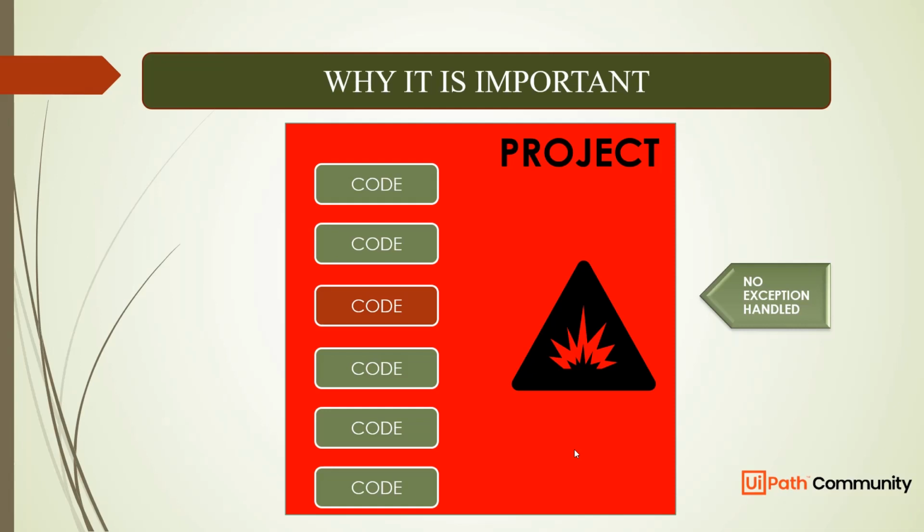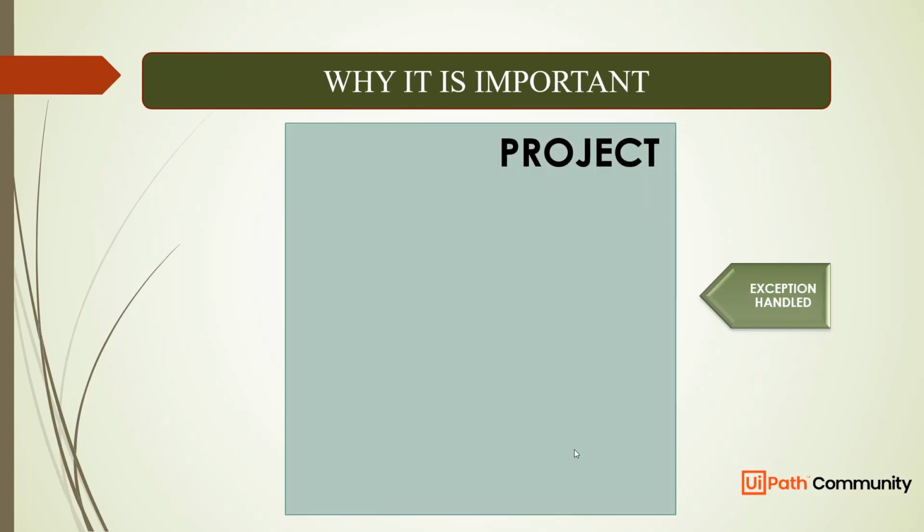Also, when an exception has occurred, it will not inform the end user, the support team, or the development team that the exception has occurred. It will simply stop the project there. That is why exception handling is important. Now let's take exactly the same scenario, but now I have handled the exception. I have just seen what happens if the exception is not handled.